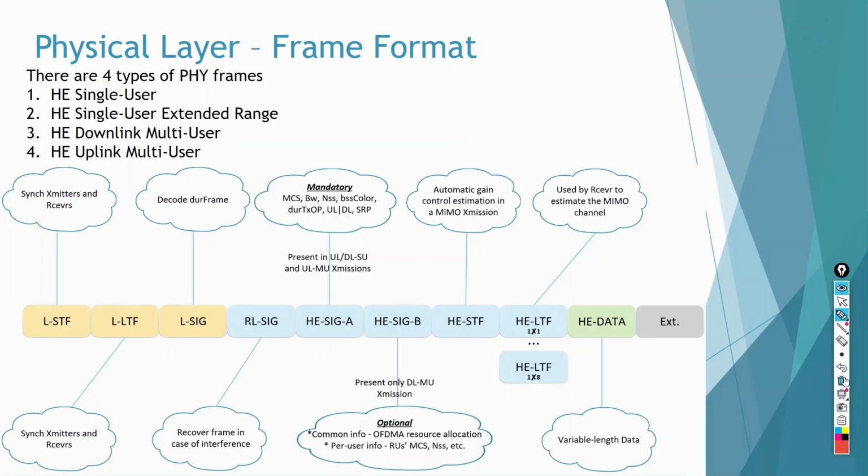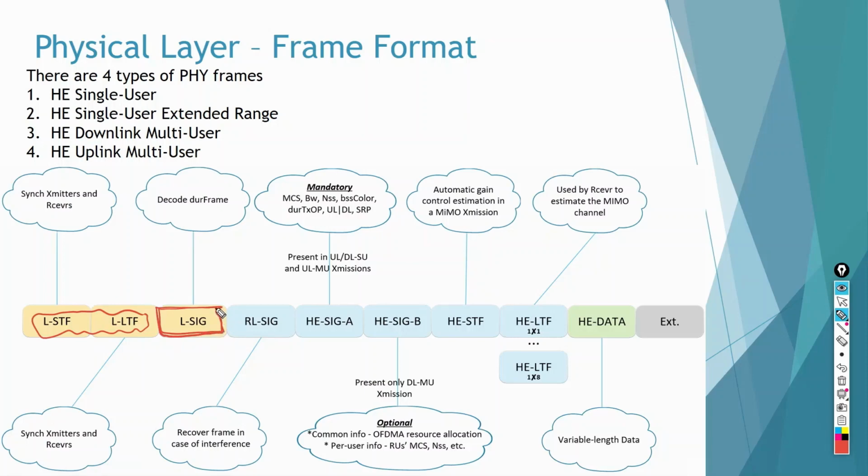Now let's dig deeper into each field inside the frame and the purpose of each one. The legacy short training field and legacy long training field are both used in order to sync the transmitter with the receiver. The legacy signal field is the most important one.